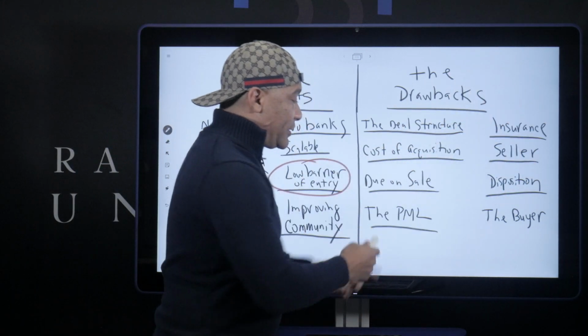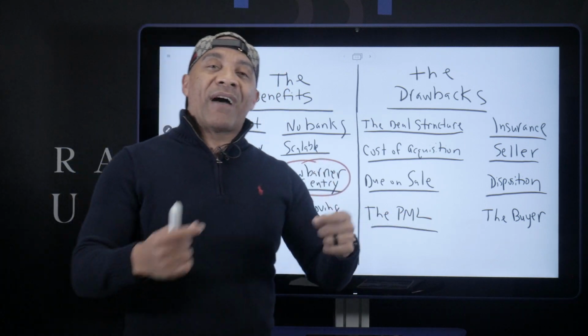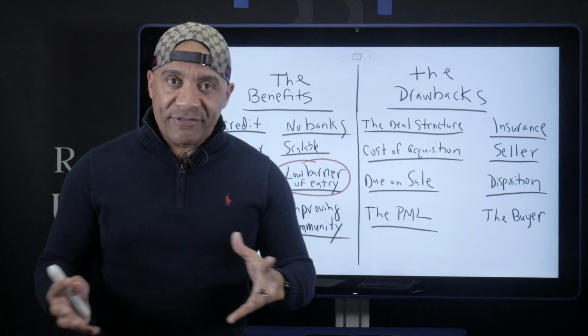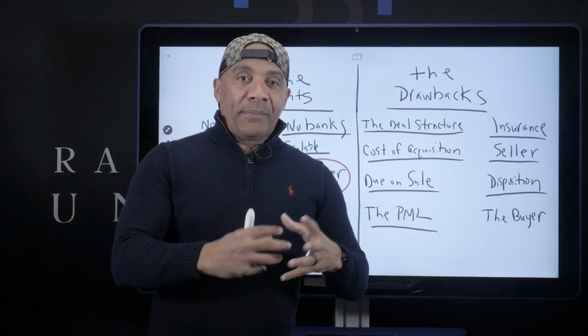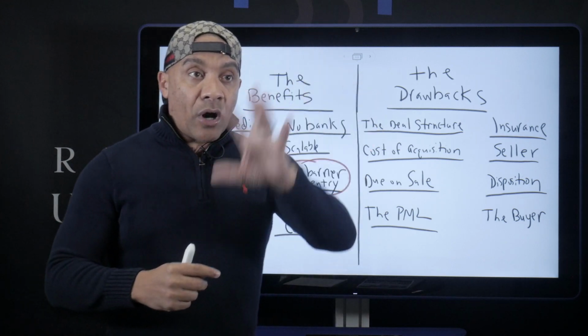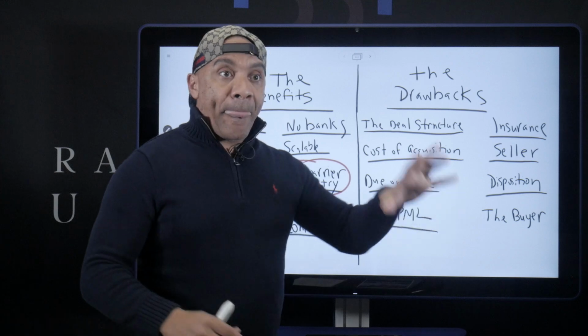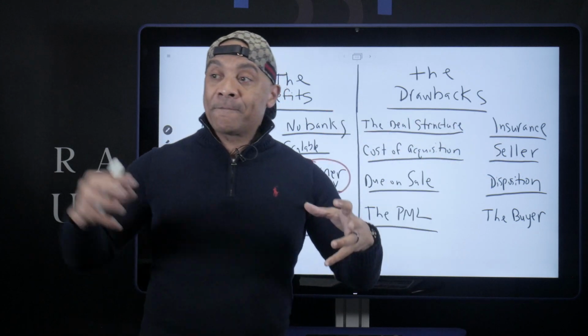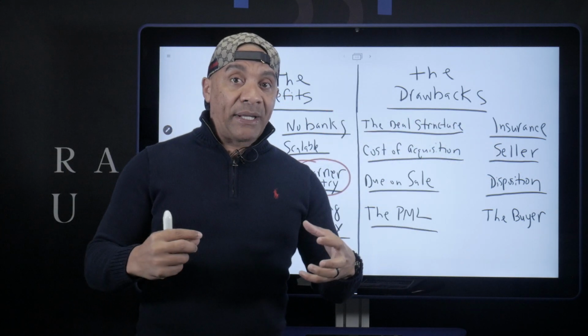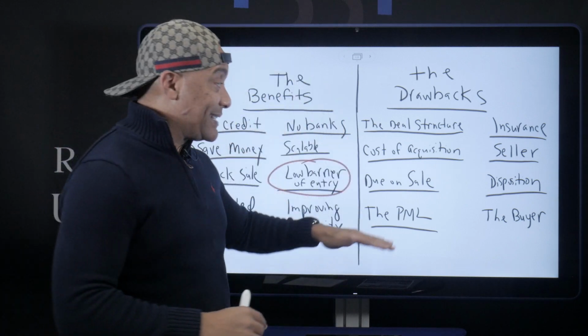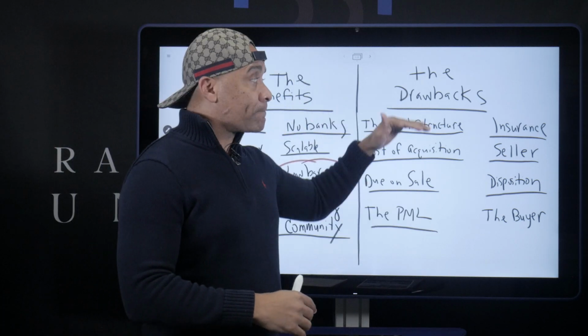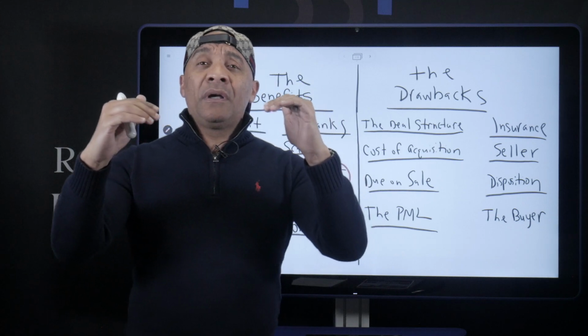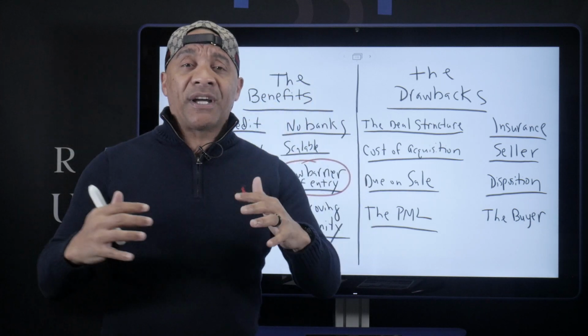Another drawback is the PML. That's short for private money lender. In a lot of creative deals, we bring private money lenders in, meaning that whatever the cost of acquisition is for us to acquire the property, we borrow that money from a private money lender who subsequently becomes a second or third lien holder to the original lender or the mortgage company.